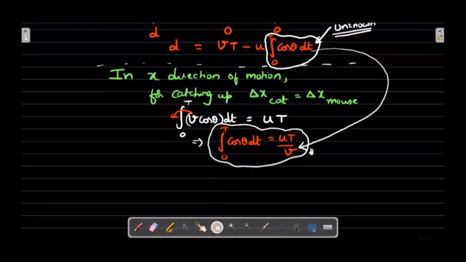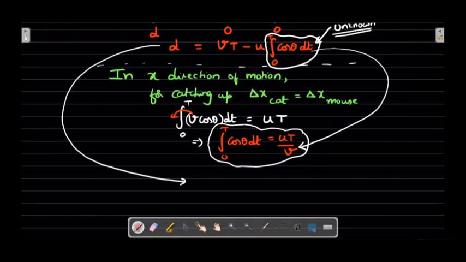So I'll borrow this equation all over again and substitute that expression. Upon substitution, that expression simply becomes d is equal to vt minus u times, I'll substitute this, ut divided by v. I just substituted this one here. Can you see ut divided by v? So just to highlight that substitution, maybe I can use the same color.